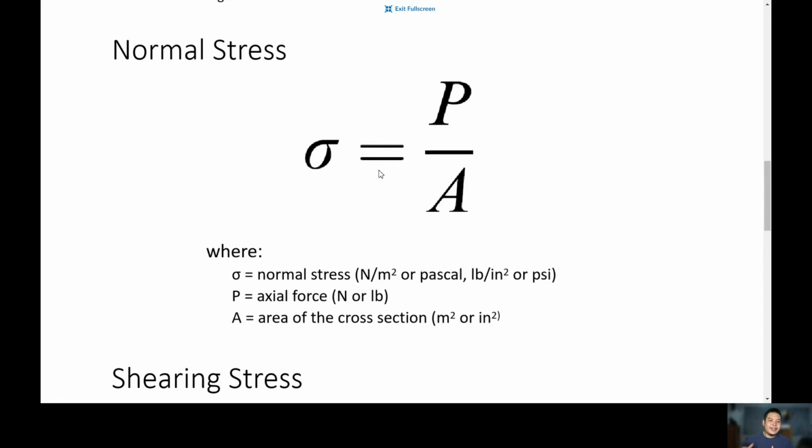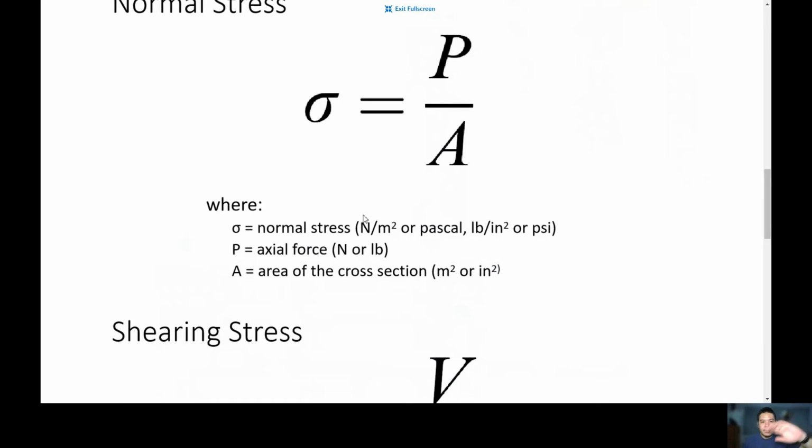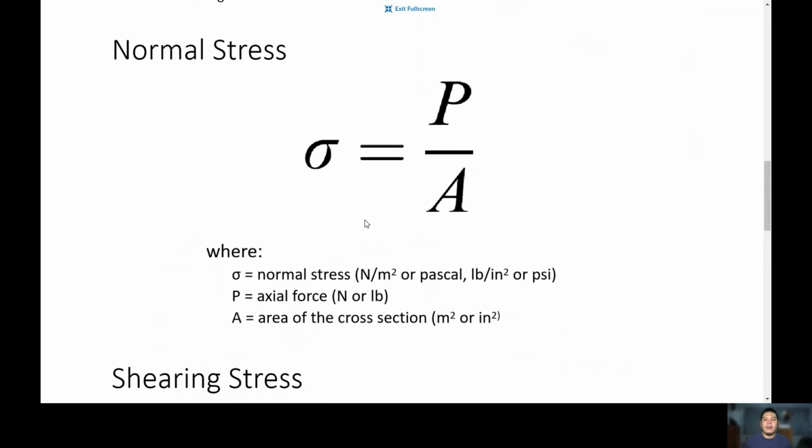Now, what changes here, no? The shearing stress, the normal stress, or any other stresses that we are going to tackle next, the main question you need to analyze is, what force is acting, and what area should I consider? Okay, so those are the things that you need to know.